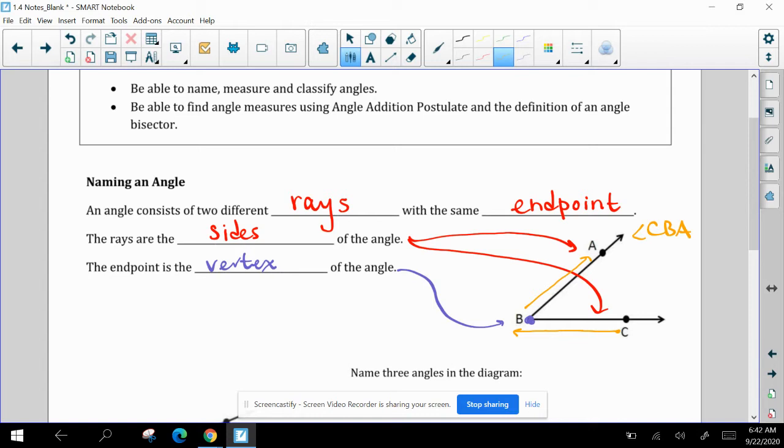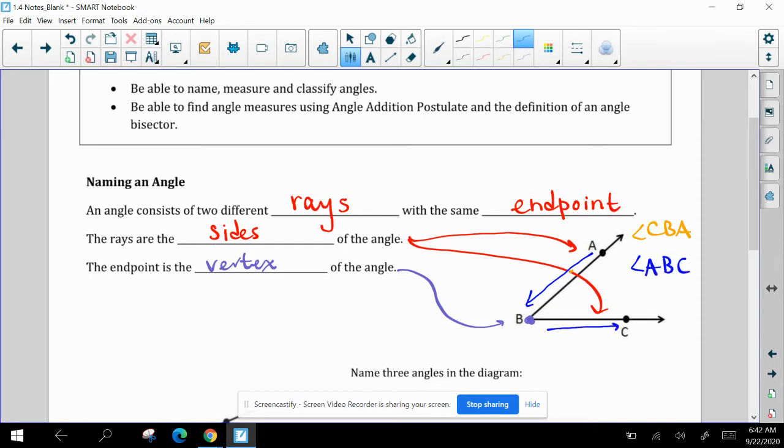That's how somebody knows you're talking about an angle, not a plane, for example, because we also use three letters for a plane. Instead, I can also travel in the other direction. I don't have to start with letter C; I can name my angle something different. For example, I could say angle ABC.